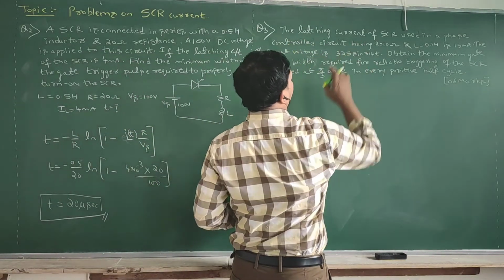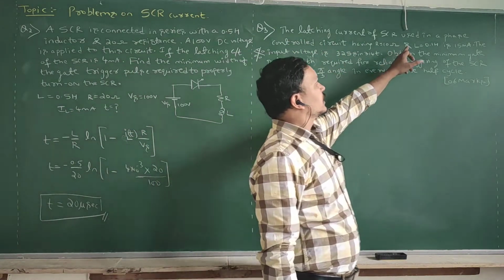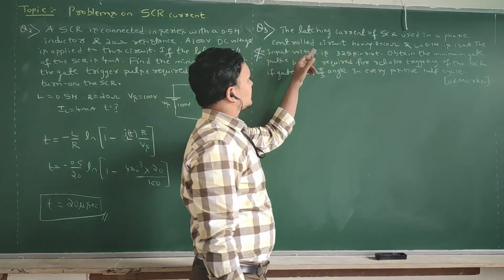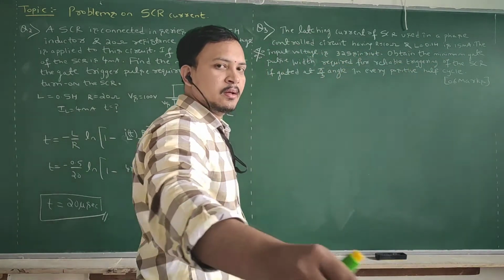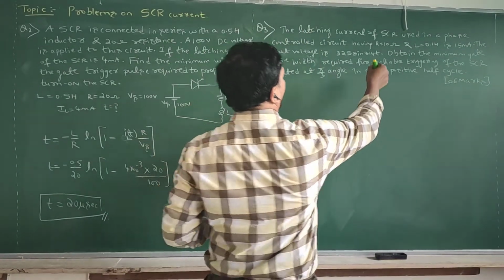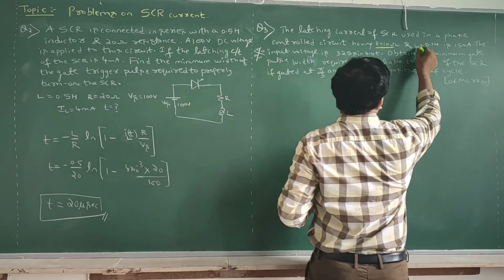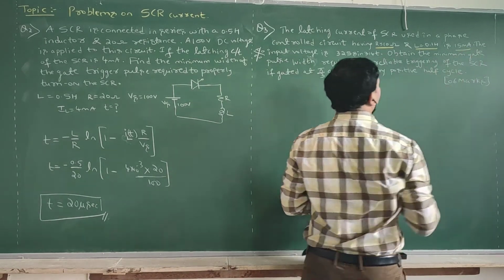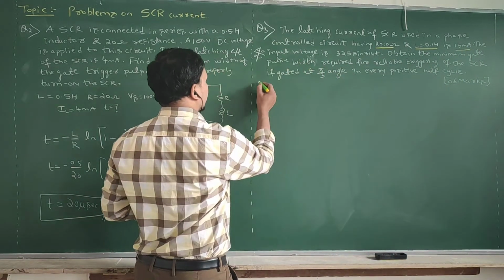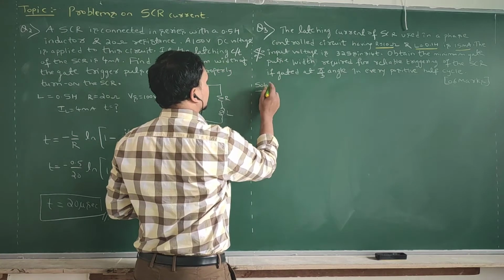The latching current of an SCR used in a phase controlled circuit having resistance 10 ohms and inductor 0.1 Henry is 15 milliampere. So they have given the solution.